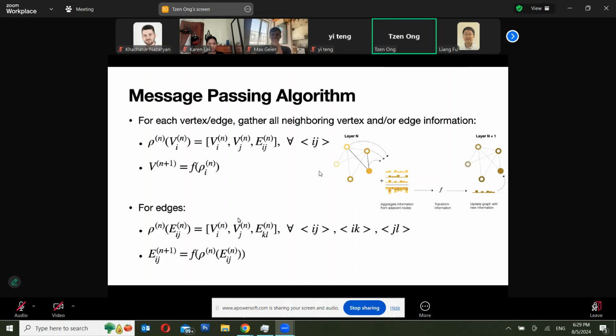When you go from layer 1 to layer 2, you capture the nearest neighbor interaction and the nearest neighbor information. And then when you go to the third layer, you capture the next nearest neighbor information. So the message starts to spread out from your first nearest neighbor.